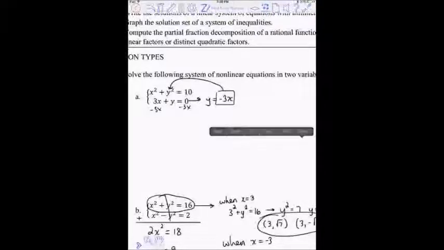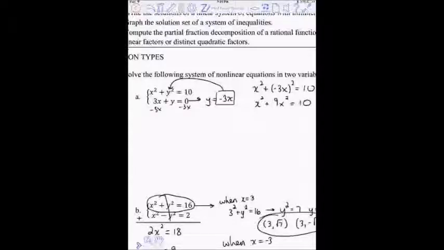So then the top equation becomes x squared plus negative 3x squared equals 10. So we get x squared plus 9x squared equals 10. And that's 10x squared equals 10. And that's the same as x squared equals 1.